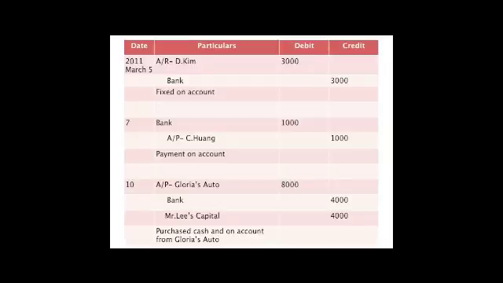The second part to that transaction says that $4,000 is paid in cash, which refers to the bank, so we credit the bank $4,000, and it also says that the leftover of the money is on account, so we credited Mr. Lee's capital, so that the amount on Mr. Lee's capital and the bank will balance with the money we debited in Gloria's Auto.